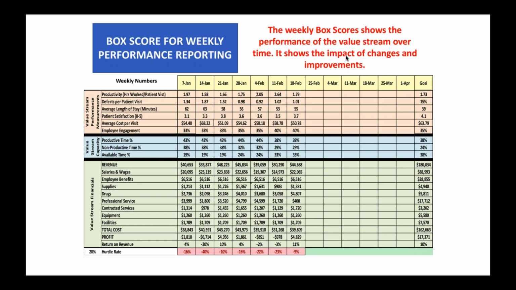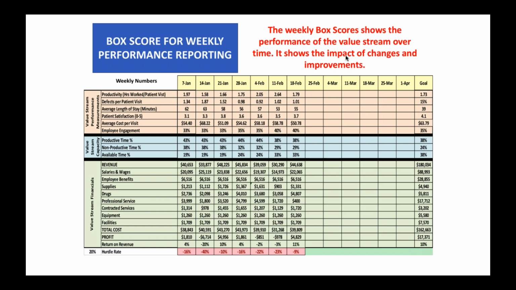So in this example, you always see a goal. And a value stream should typically be working toward a goal of maybe improving performance every quarter. The weekly reporting is to measure how well we are trending towards achieving the goals. The responsibility of the value stream on a weekly basis is to meet and do the root cause analysis to understand operational performance.